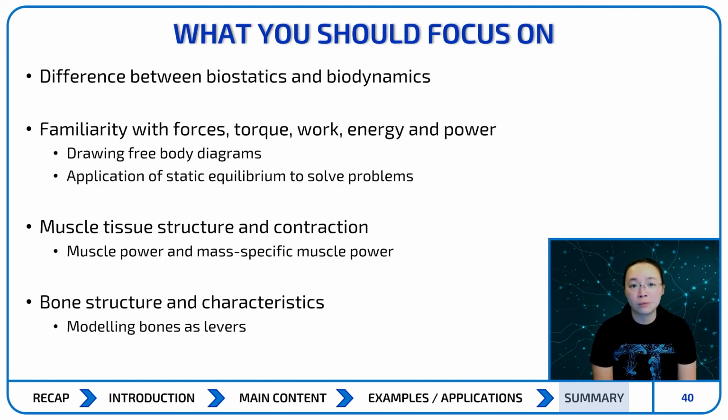I listed those because it's important that you know the equations for those, not necessarily how you derive them, just the equations. And afterwards, we talked about bone structure and characteristics. So make sure you know some of the biology from that and know that we can easily model bones as levers in our body.